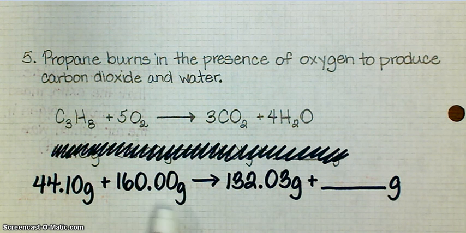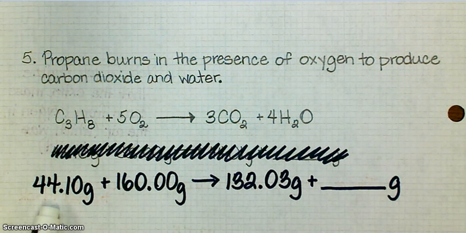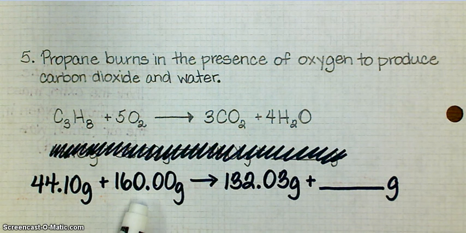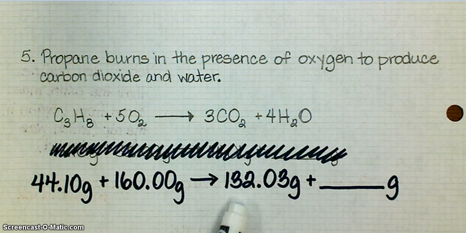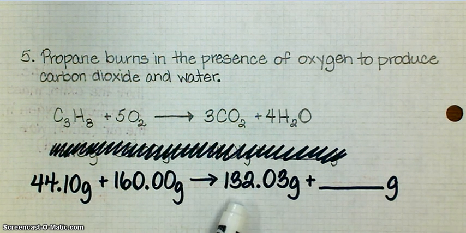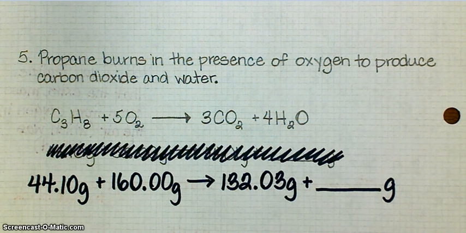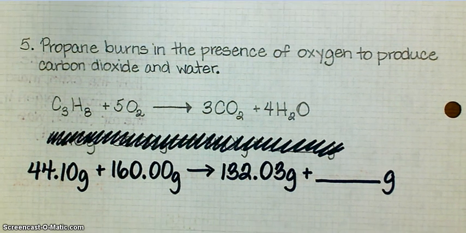All right, in grams, here's your situation. Okay, 44.10 grams of propane plus 160 grams of oxygen gas produces 132.03 grams of carbon dioxide, and I want to know how many grams of water is produced.